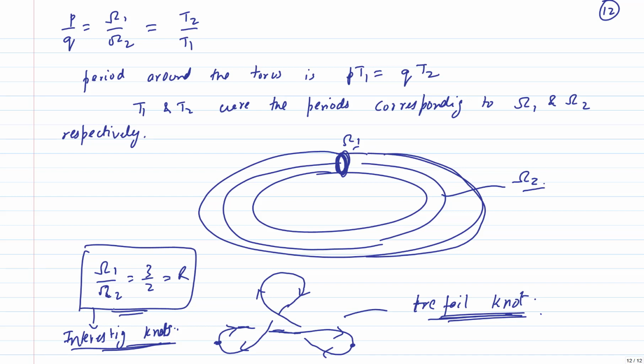Remember, when omega 1 divided by omega 2 is an irrational number, you don't get any knot. That is, the trajectory doesn't close on itself, it's going to wrap around the circle. So that was, we talked about quasi-periodicity.